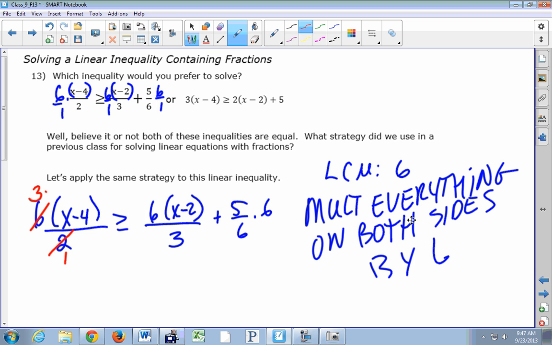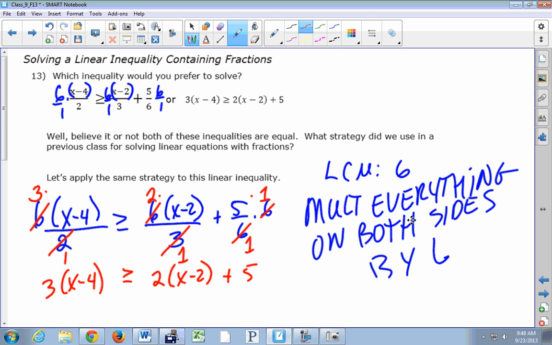So every single denominator will become 1 instead of the ugly numbers that they are now. Excuse me, I didn't mean to call 2 and 3 and 6 ugly. So now look what we have: 3 times (x minus 4) is greater than or equal to 2 times (x minus 2) plus 5. And that's exactly what you have on the right-hand side.